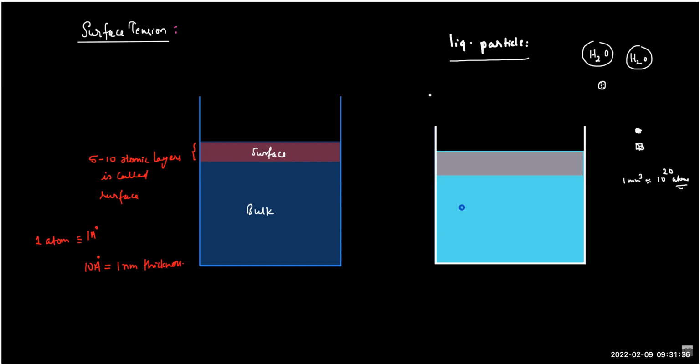All right. So now coming back to this liquid particle. If you look at this liquid particle, it is also surrounded by a large number of liquid particles from all sides.